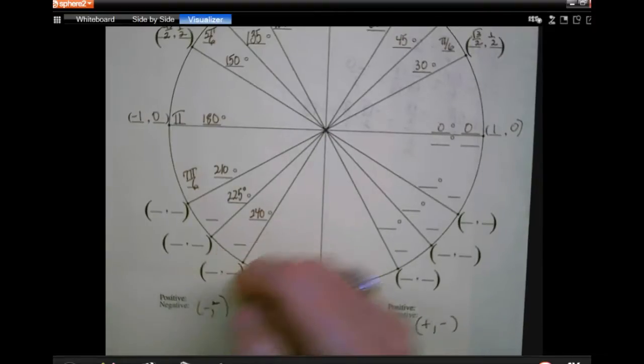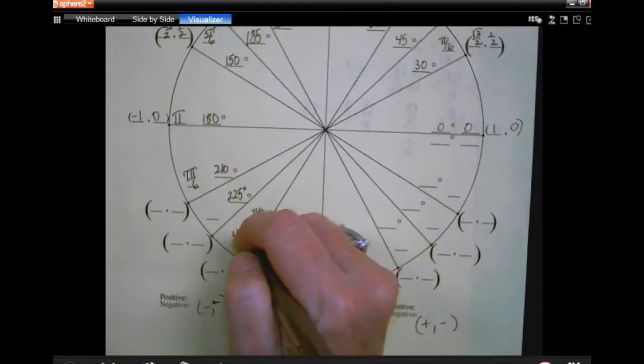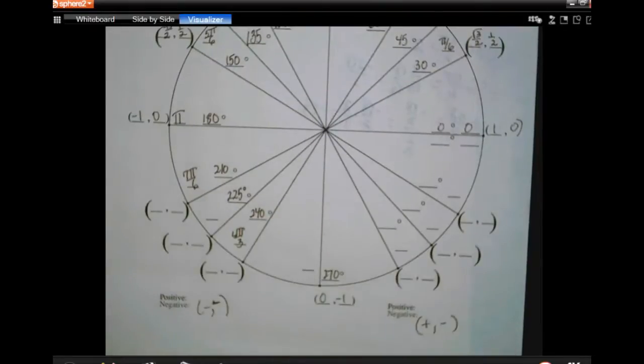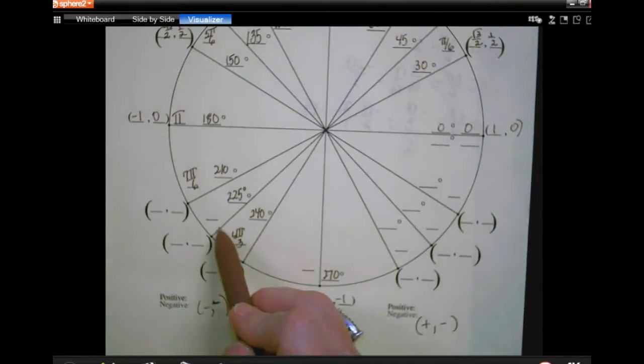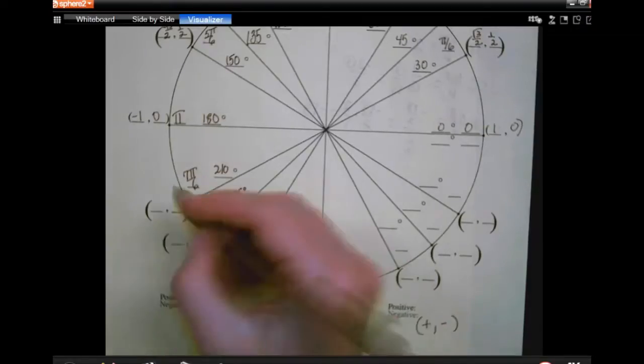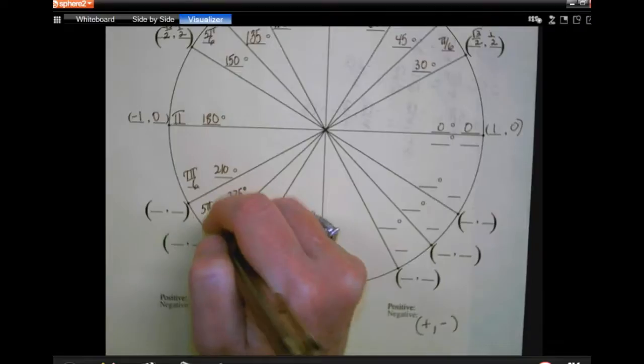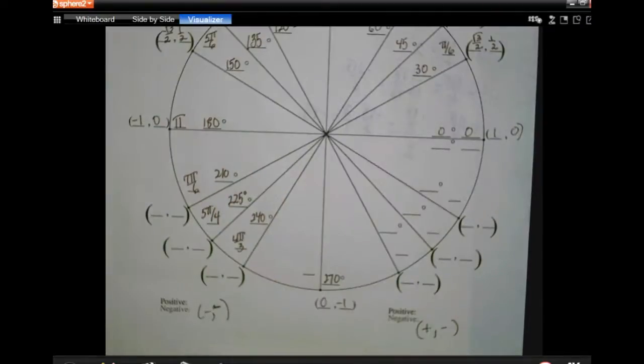So it's 4 pi over 3. And then 225, how many 45s do you have? 7. Oh my gosh, it's 5. We said 5. You said 5, 6, 7.